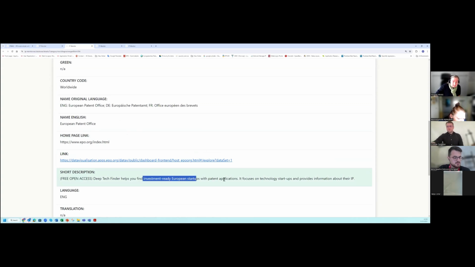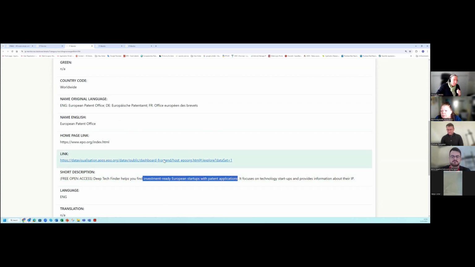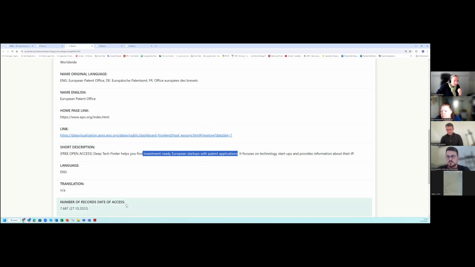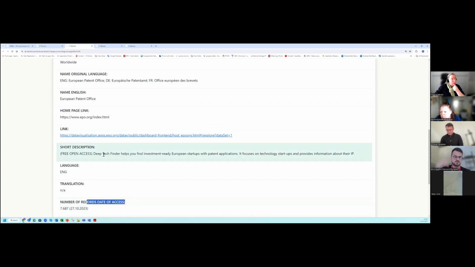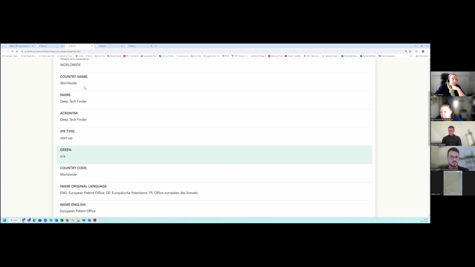And it has information about investment-ready European startups, but those that have patent applications, right? So they provide information about their IP as well. But you will see the number of records is comparably lower. But it is also meant to work a little bit as a platform.